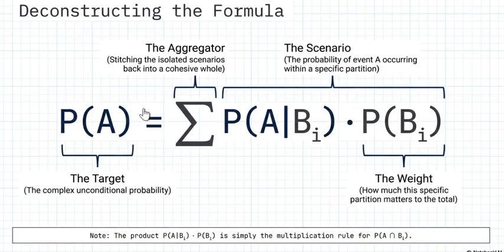Now, what is the probability of A which we want to get? It is the summation over all the partitions, because A intersection Bi means A intersection B1, A intersection B2, A intersection B3 until however many B parts are made. These are all mutually exclusive and their union will be equal to A.